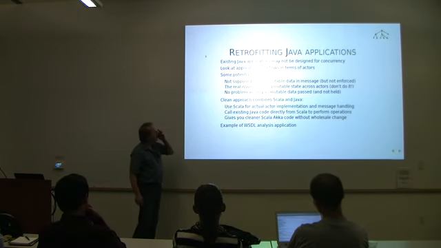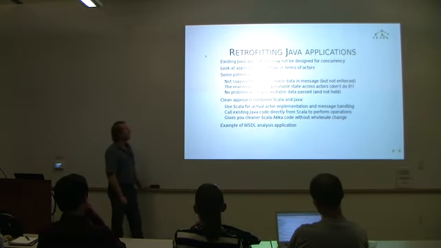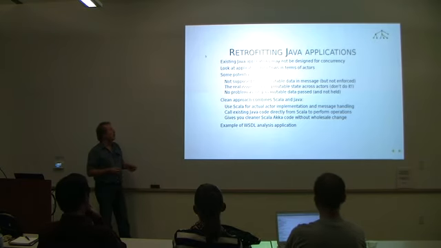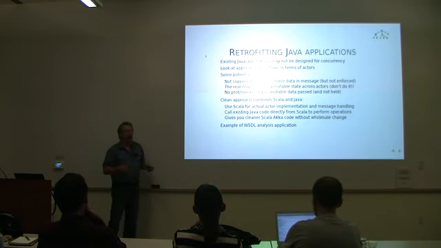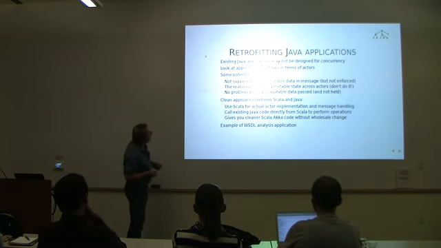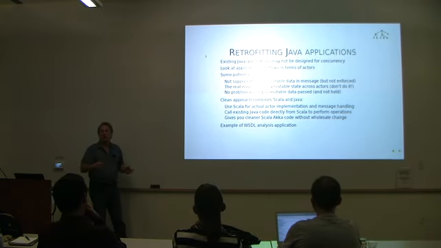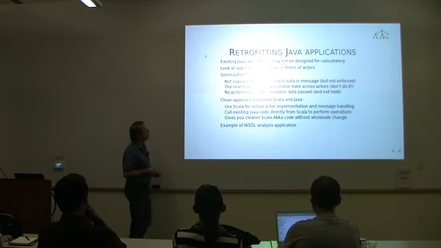Existing Java applications may not be designed for concurrency in a lot of cases. If you look at the application data flow in terms of actors, you can break down that structure and come up with a way of structuring the application into actors using the existing code. So basically splitting up the existing code into actor-like components.